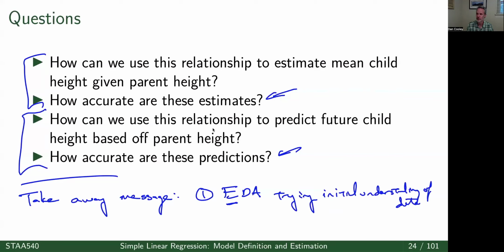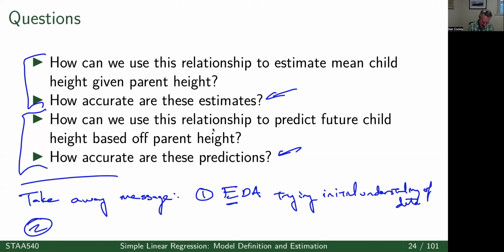What are the relationships? Are there outliers? Are there miscodings? And then using it further to guide us in what kind of model we are going to use to analyze this data.